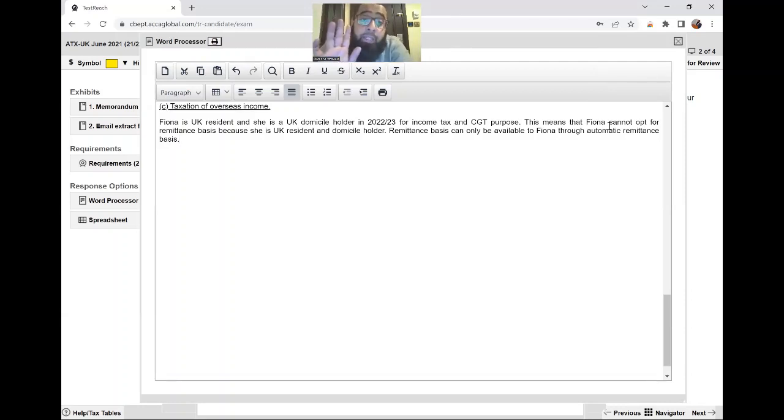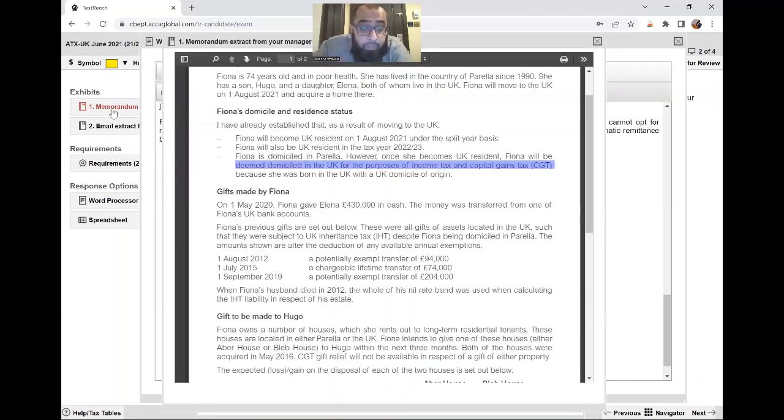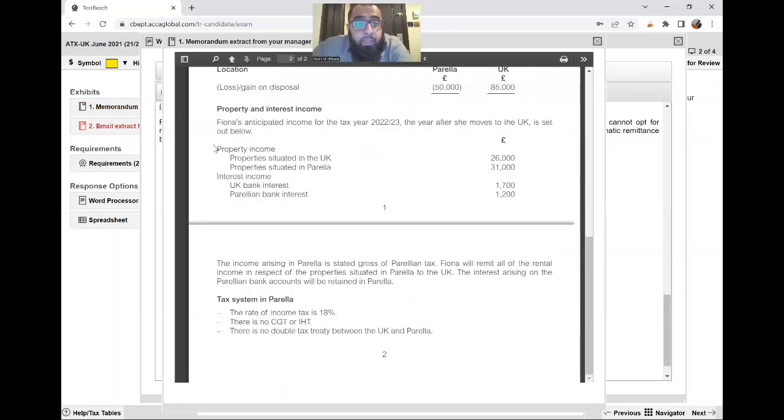For automatic remittance basis, there are two situations. Either the unremitted amount is less than 2,000 or there is some overseas restriction. Now, I think there was no discussion about overseas restriction in the question. So let's look at her unremitted amount. Fiona has property income from property situated in UK 26,000, from property situated in Kerala 31,000.